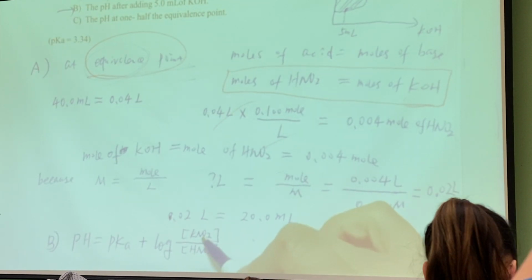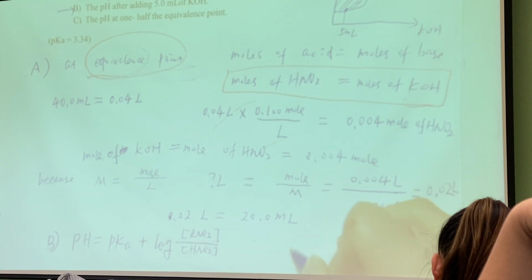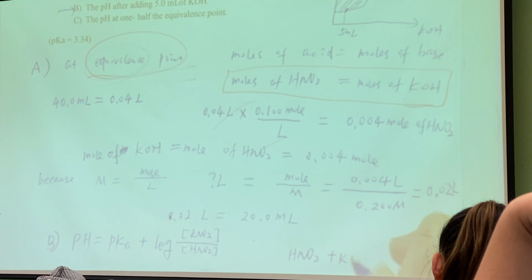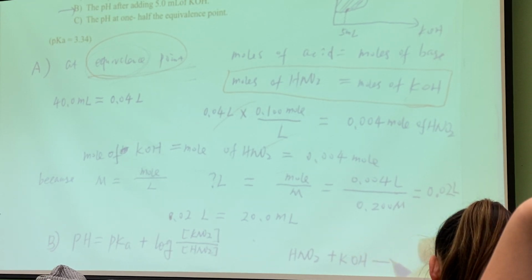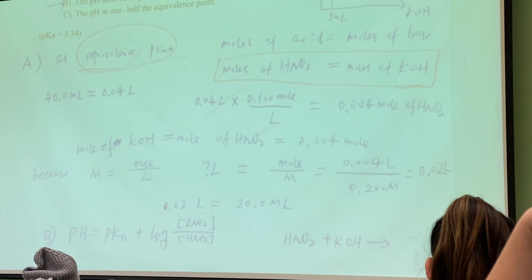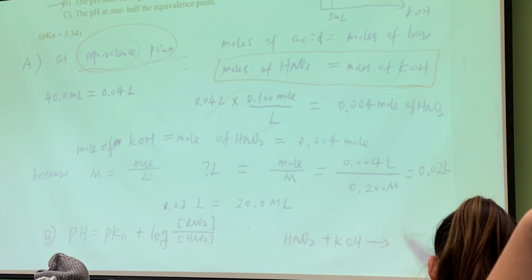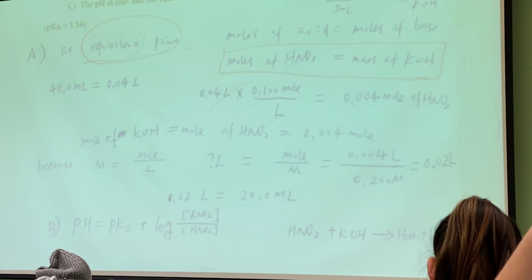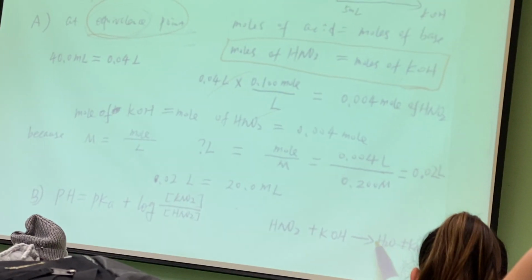So how to get this conjugate base? Because when you add this potassium hydroxide, you have this reaction. This reaction is a one direction reaction. Okay? So you have water, and you have this.